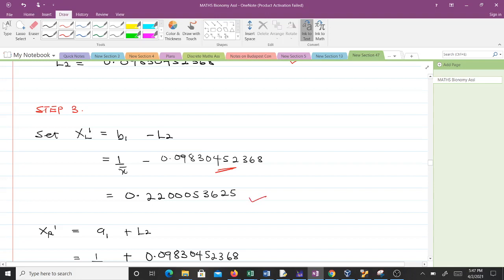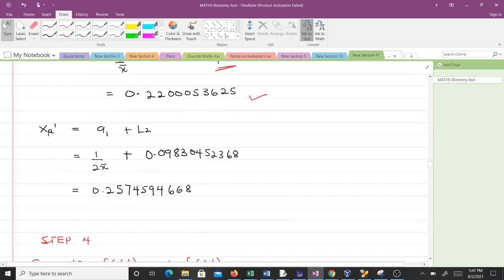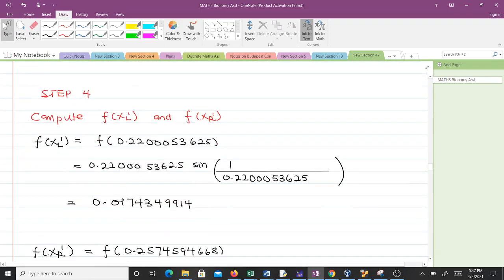Then we also have to compute XR at the first iteration. That one is given by A1 plus L2, and A1 is 1 over 2 pi. And this is L2. So when you sum them, you get this. So now we have XL and XR. Alright. So in step 4, what we do is that we compute the functional values, f of xl at the first iteration and f of xr at the first iteration.